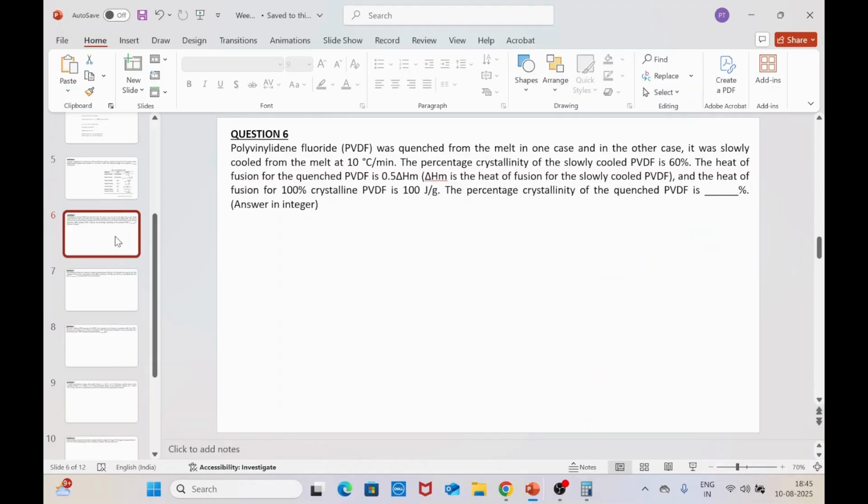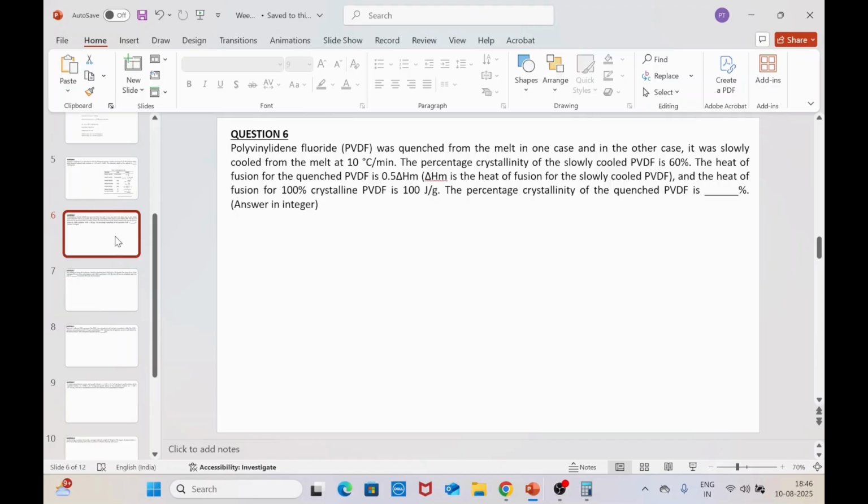Now let's go to question number 6. PVDF was quenched from the melt in one case, and in the other case it was cooled from the melt at 10 degrees Celsius per minute.